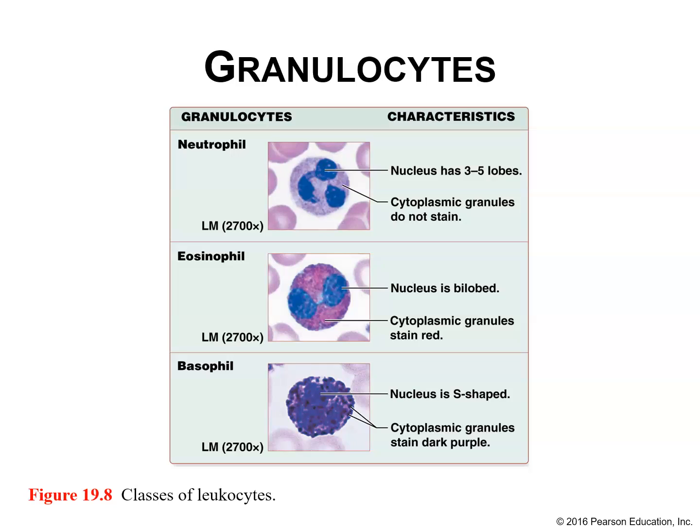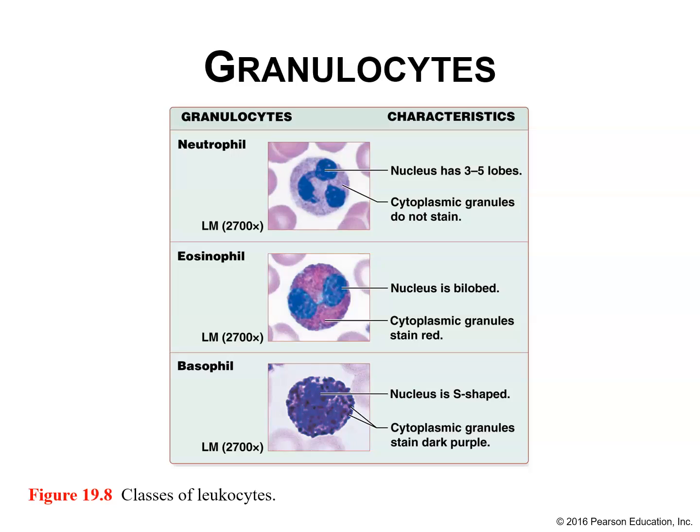And then here's your eosinophil with its bright red granules in its cytoplasm and its bilobed nucleus. Remember, the nucleus is dark purple because of the hematoxylin stain of the nuclear material.